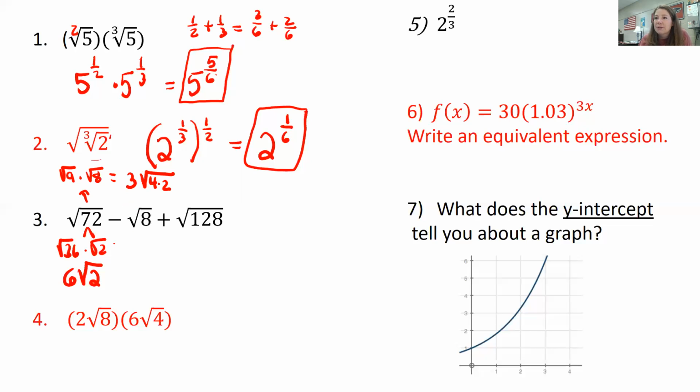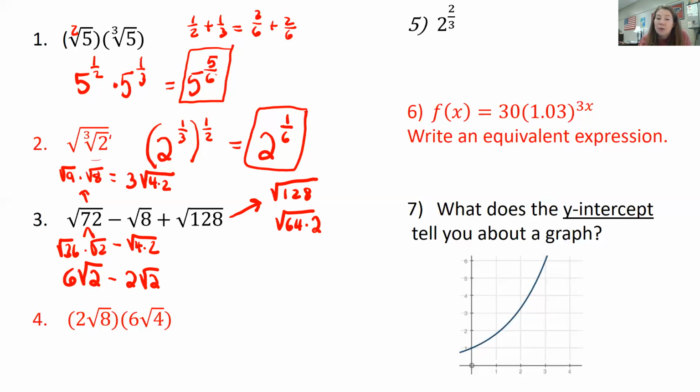All right, so now we're going to subtract the square root of 8, which I already said is 4 times 2. Well, the square root of 4 is 2, so that's 2 square roots of 2. And then the square root of 128, well, not really sure what that is actually. So what would be half of 128? Oh, that'd be 64, wouldn't it? So this is going to be 64 times 2.